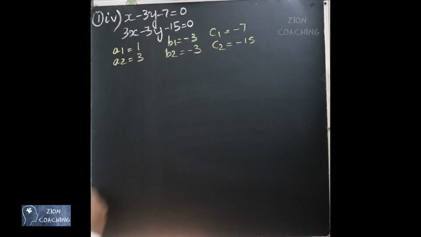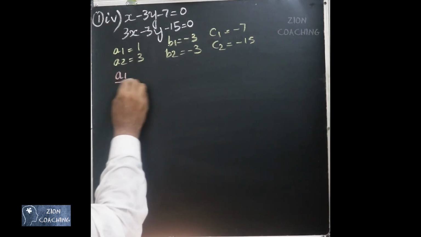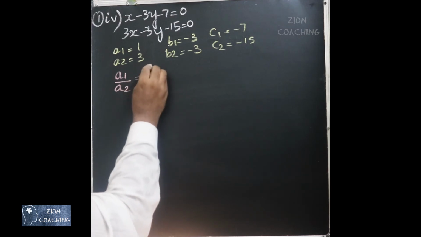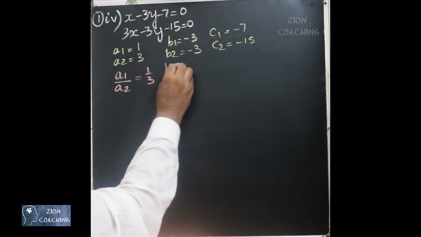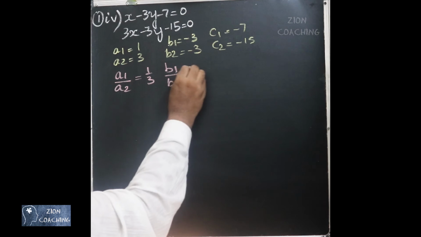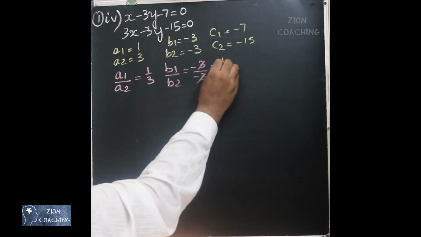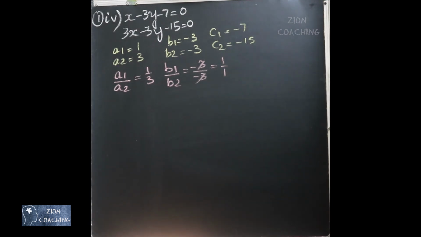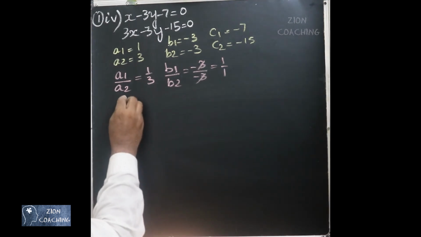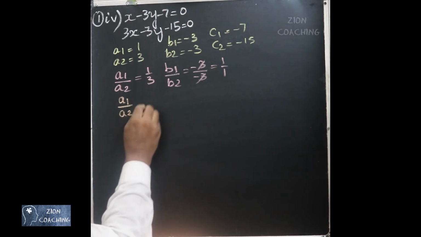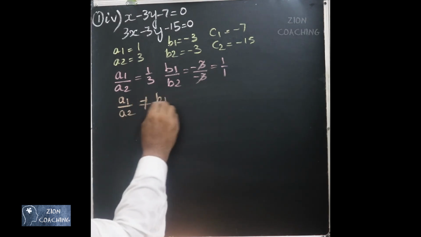Now we are going to find a1 by a2. a1 by a2 is 1 by 3, b1 by b2 is minus 3 by minus 3, which is 1 by 1. Now you can see that a1 by a2 is not equal to b1 by b2.